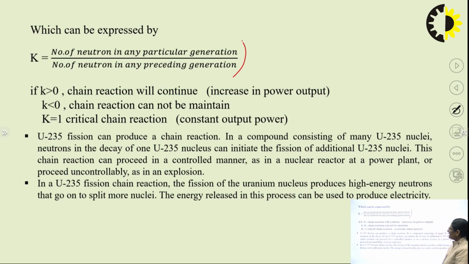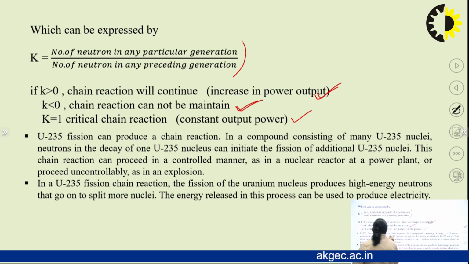Now, if K is more than 1, the chain reaction will continue, right? If K is less than 1, the chain reaction cannot be maintained, and if K is equal to 1, the critical chain reaction results in constant power output by the reactor.